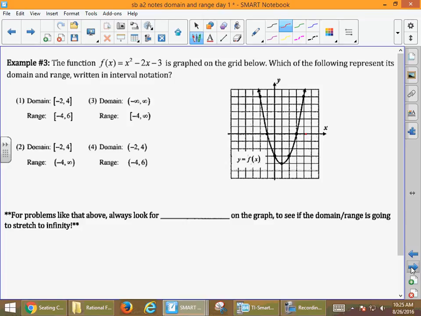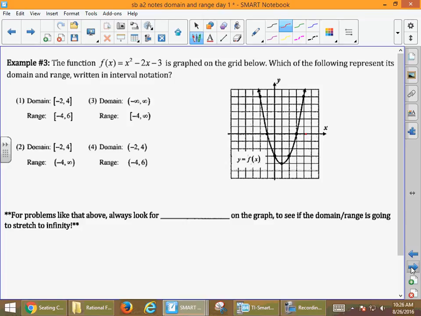So maybe let's look at the range, the y values, instead. So the range here says that we go from -4, do we stop at 6? We don't stop at 6. What's happening is that there are arrows on the ends of our graph, and we're going to keep going.